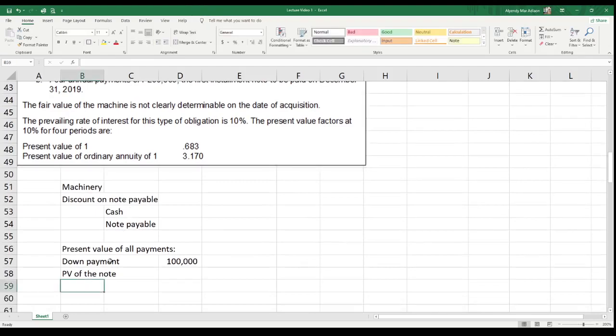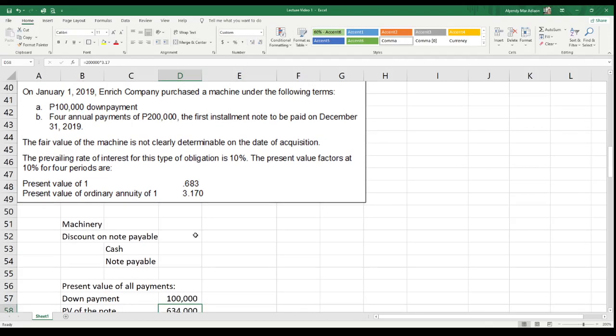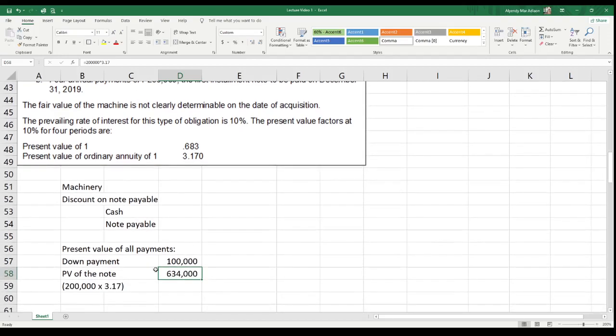So, what we will do is 200,000 multiplied by 3.17, so we have 634,000 pesos.